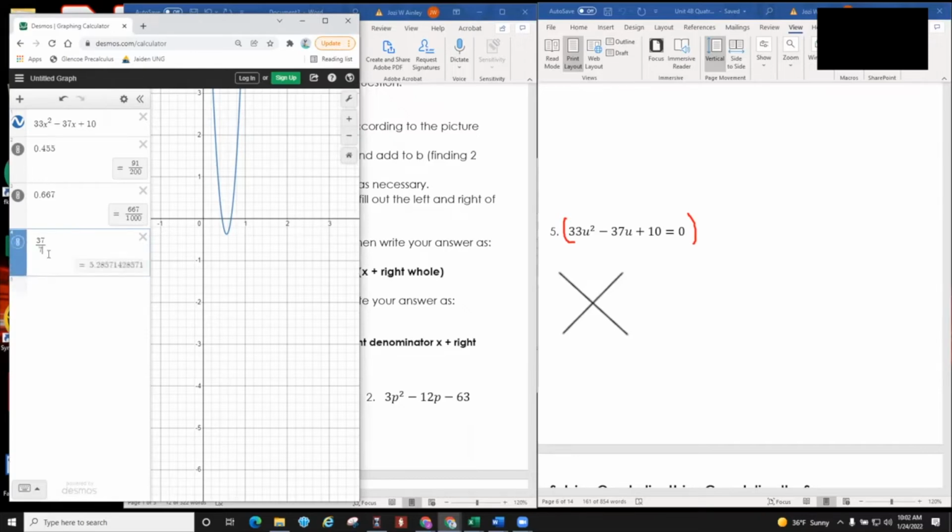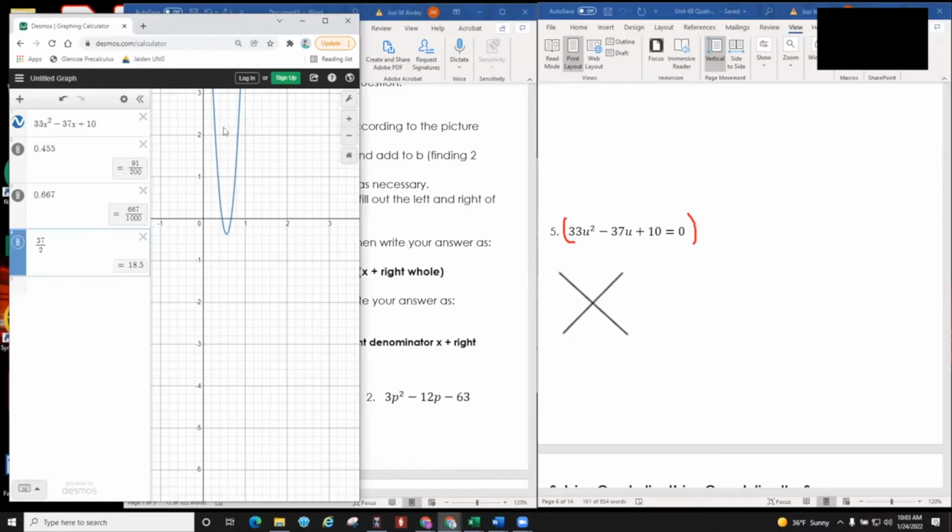I'm going to check the different numbers for the 37, but that's going to be the weird one. 2, 4, 5, 6, 7, 8, 9, 10, 11, 12, 13, 14, 15, 16, 17, 18, 19, 20, 21. Yeah, so this is not even divisible. So with this one again, you've got to use the quadratic formula, complete the square, or cheat.